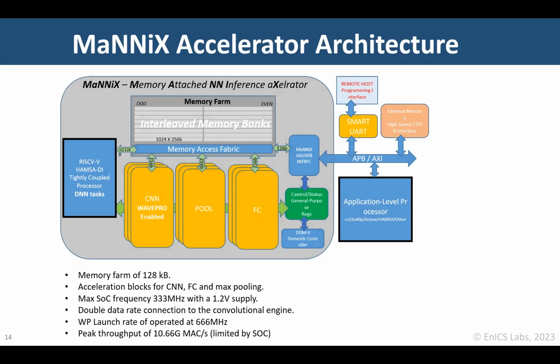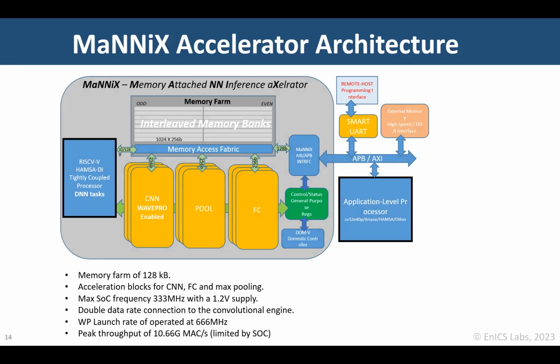We are not yet in the transformer area, which has been discussed a lot, but we have the convolution farm of accelerators, the pool, and the fully connected, which are the commonly used layers in many of the implemented networks.